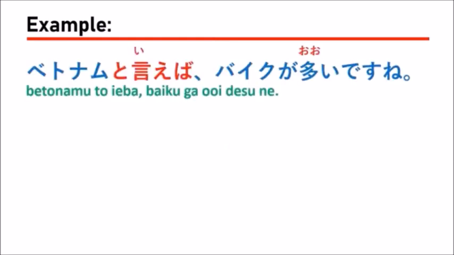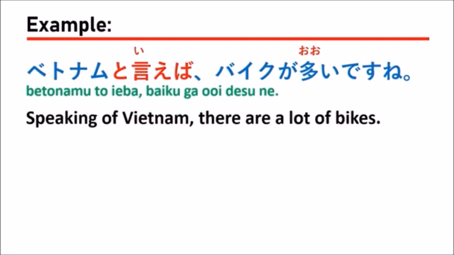Now let's see some samples together. ベトナムといえばバイクが多いですね。Which means speaking of Vietnam, there are a lot of bikes.